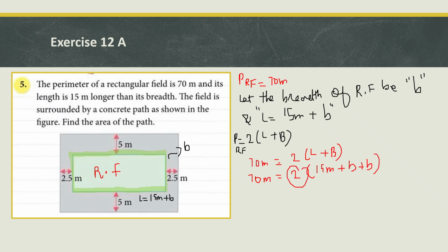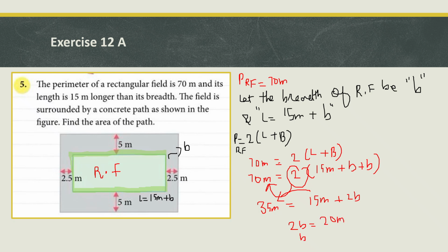The 2 would be shifted over there, so 70 divided by 2 would be 35 meter, and it is equal to 15 meter plus 2b. 15 would be shifted over there, so 2b is equal to 35 minus 15, which is 20 meter.